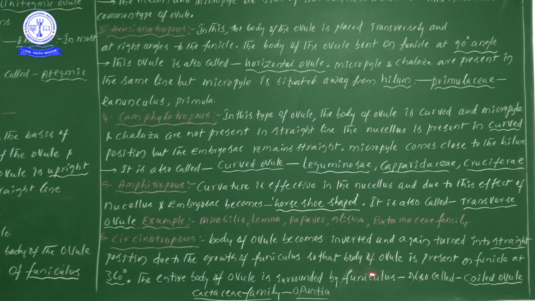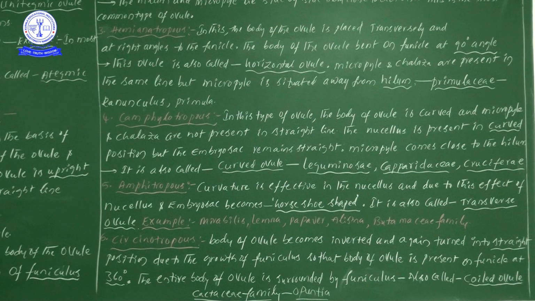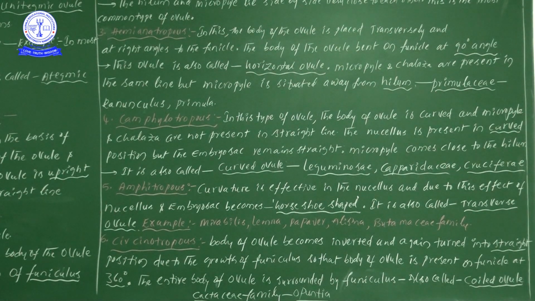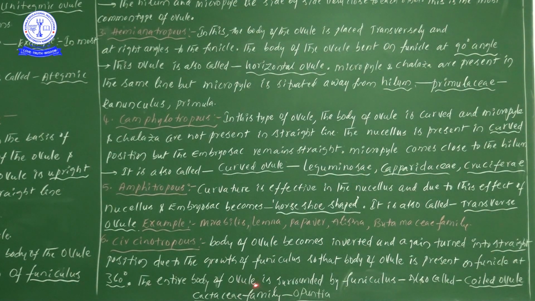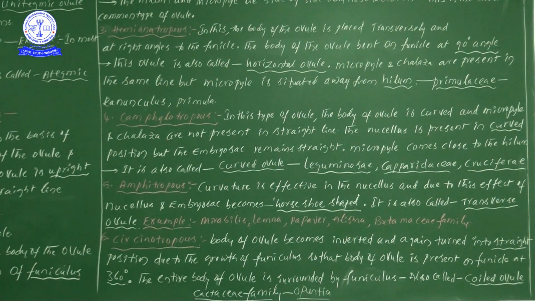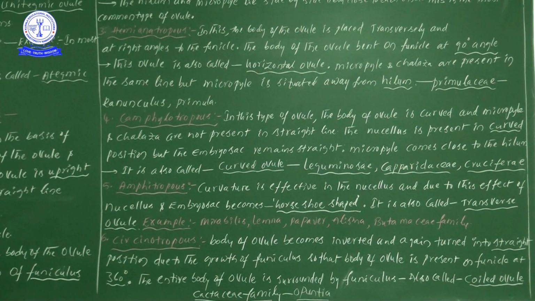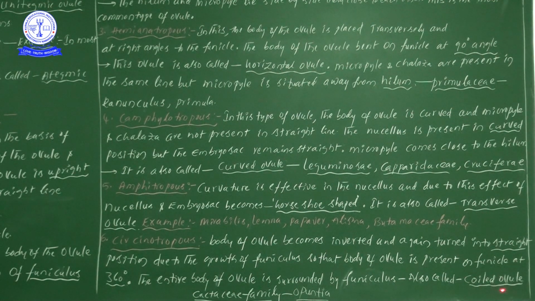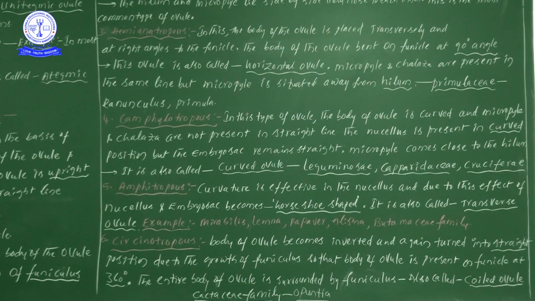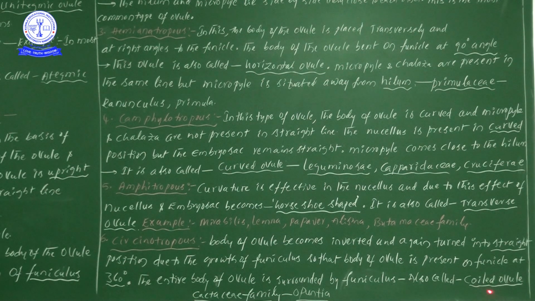The body of the ovule is present on the funicle at 360 degrees angle. Now the body of the ovule is surrounded by the funiculus, and it is also known as coiled ovule. It is also known as coiled ovule.